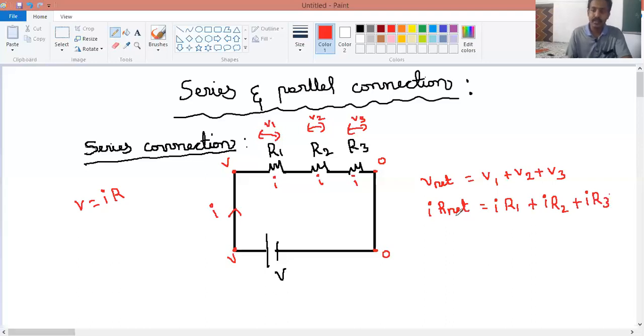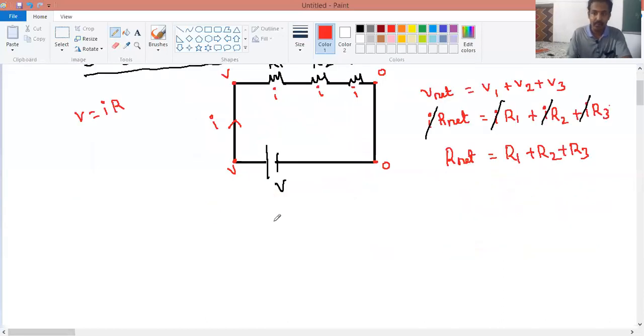From this I can cancel out I, and what I get is R net is equal to R1 plus R2 plus R3. This is for three resistors connected in series, but if n resistors are taken into consideration, then R net is R1 plus R2 and so on up to Rn.